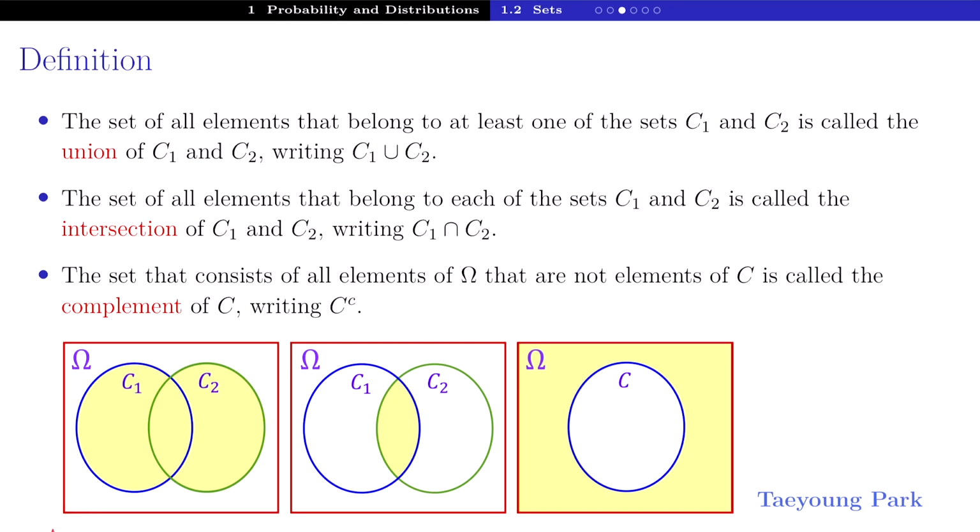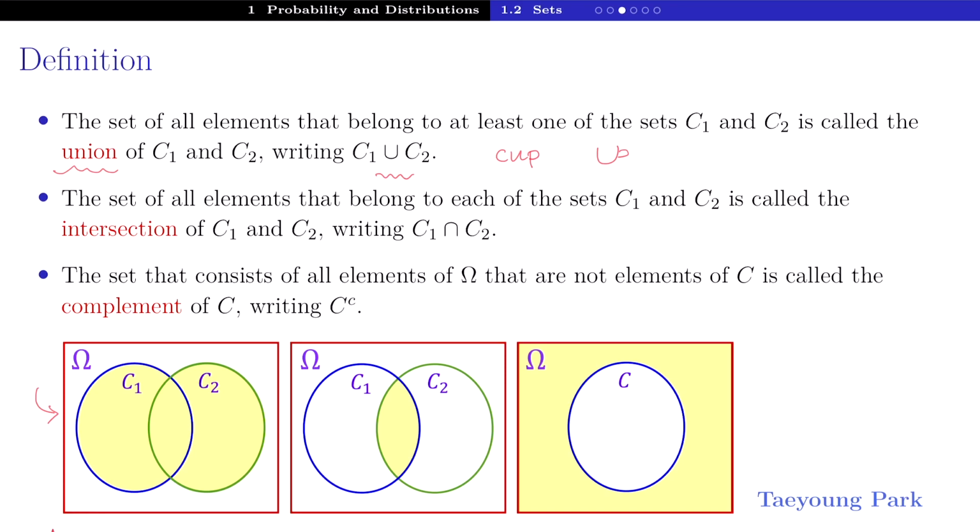The set of all elements that belong to at least one of the sets C1 and C2 is called the union of C1 and C2, which is illustrated as the combined yellow area in the first Venn diagram. The notation for the union is called a cup because it looks like a mug.